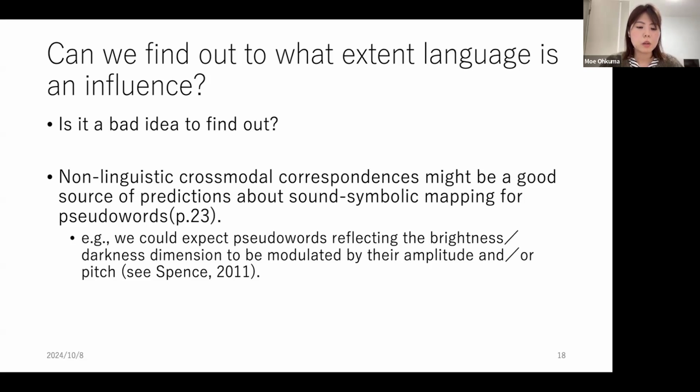Like they could expect pseudowords reflecting brightness, darkness, diminution to be modulated by their amplitude and or pitch.